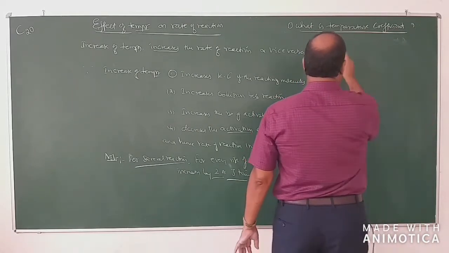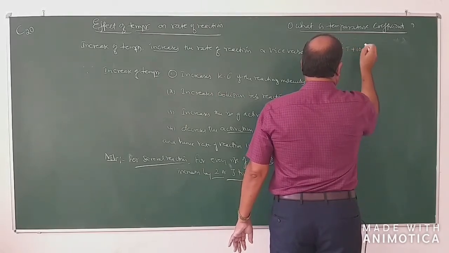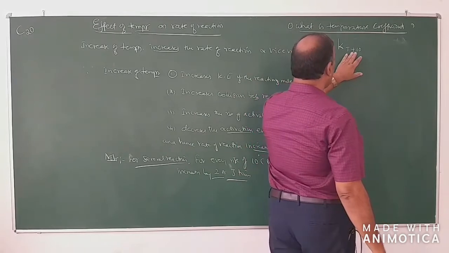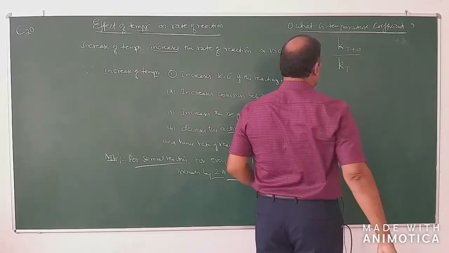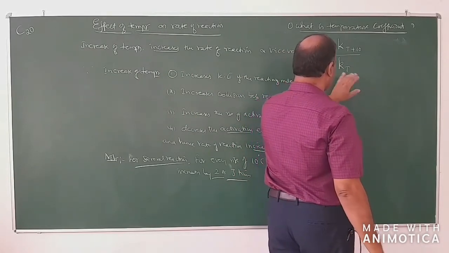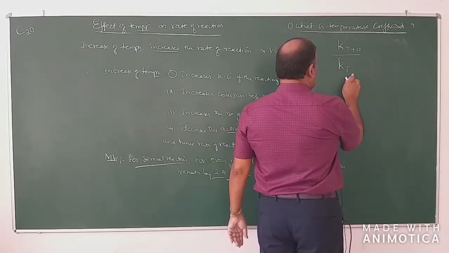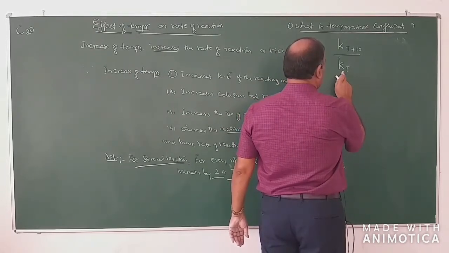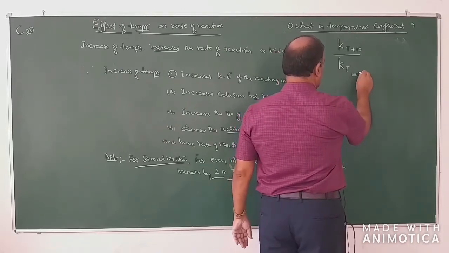Say, for example, if K(T+10) is the rate constant of the reaction at temperature T plus 10, then K(T) is the rate constant of the reaction at temperature T. Say, for example, K(T) is the rate constant of the reaction at 100 degrees centigrade.